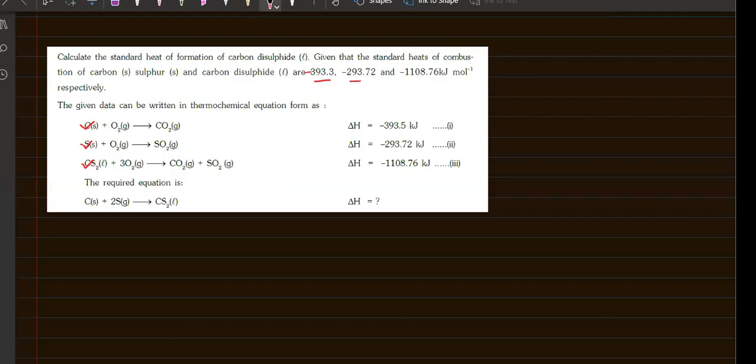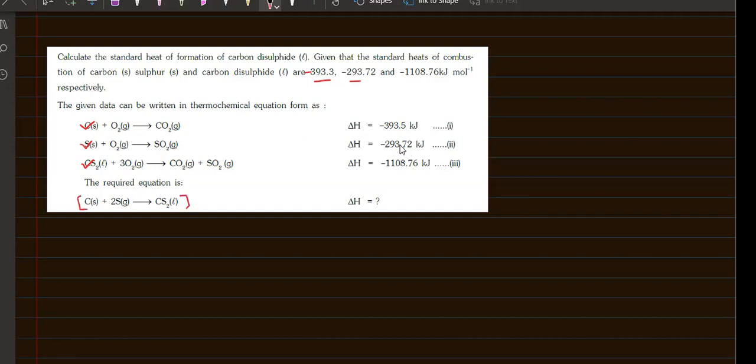This is heat of combustion, so it would be negative, because combustion is an exothermic process, my bad, not endothermic. Now you have to find the heat of formation of CS2, which is this reaction.